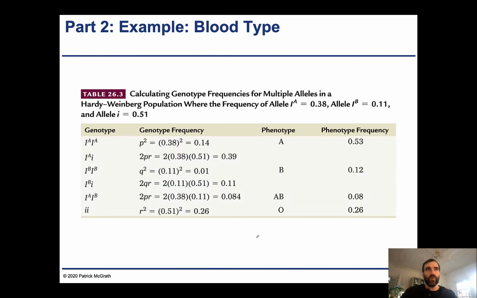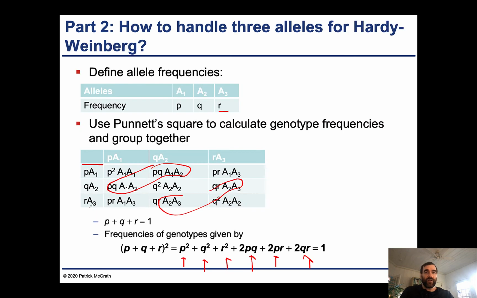So now let's do a real life example of this using blood type, and there are again 1, 2, 3, 4, 5, 6 different genotypes that you can have, and so this corresponds to the 1, 2, 3, 4, 5, 6. So this would be IA, so the probability of being that would be p squared.